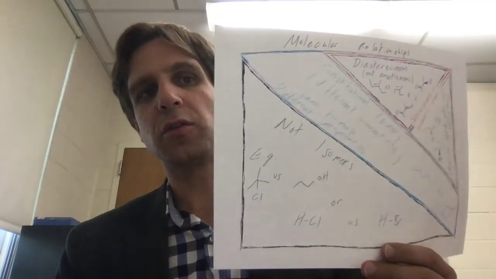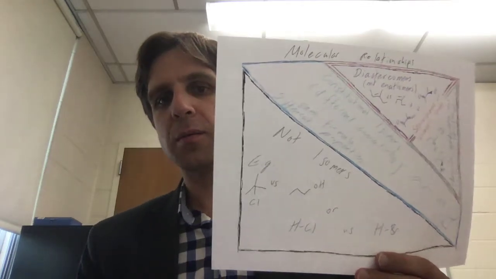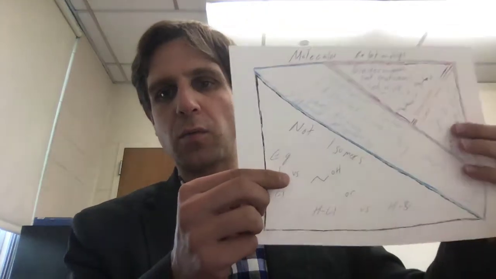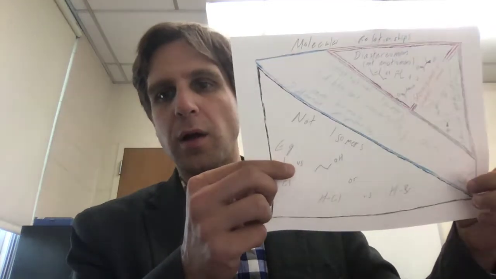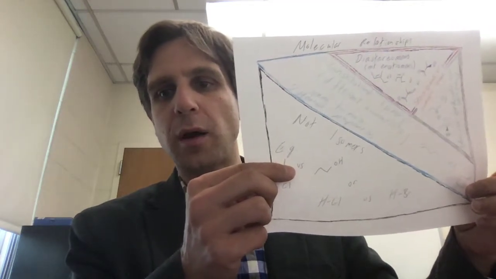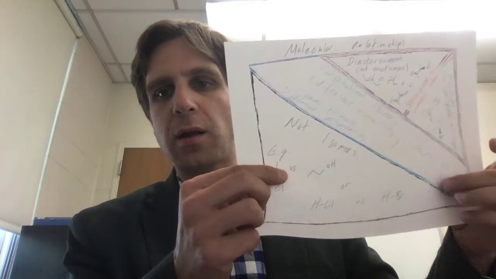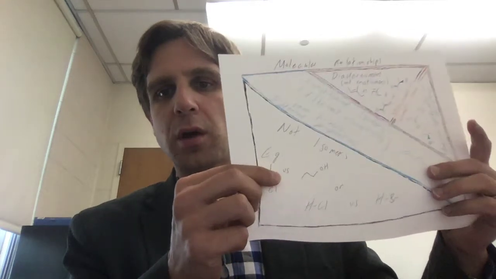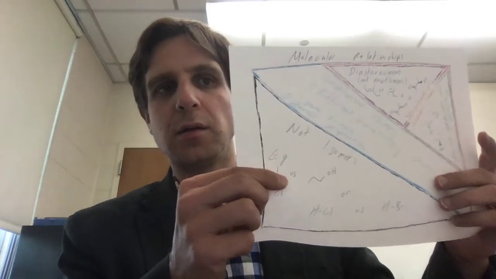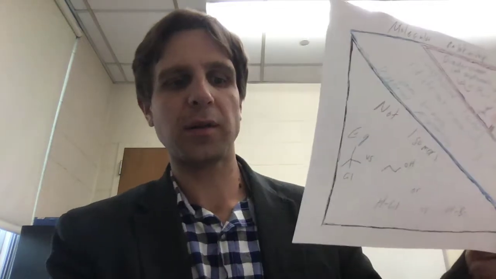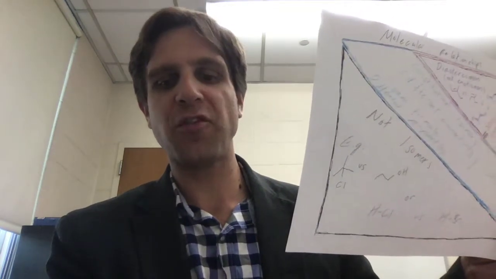We can have constitutional isomers. These are molecules that have different connectivity, but they have the same formula. So for instance, here we've drawn methyl cyclobutane, and then up here we've actually drawn 1-pentene. Okay, these two compounds here have the same formula, right?